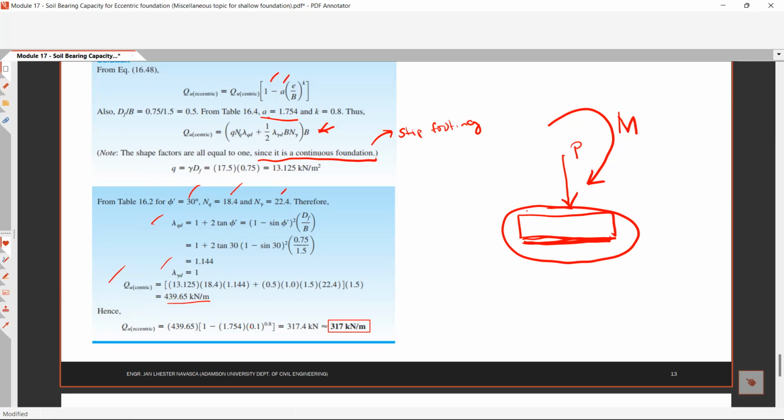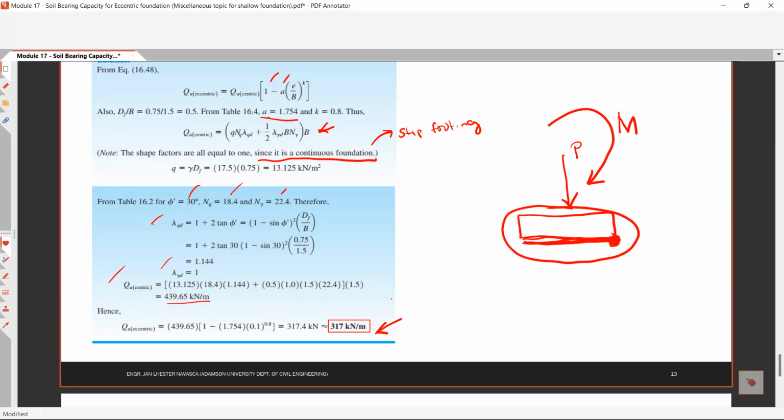So parang nabawasan yung bigat na binubuhat niya pababa due to that load P. Pero doon sa isang side, nadidiin siya, sobrang napupush down, pero on the other side, umaangat siya onte. So we can conclude that kapag may eccentricity, nababawasan yung axial force na binubuhat ng ating foundation.